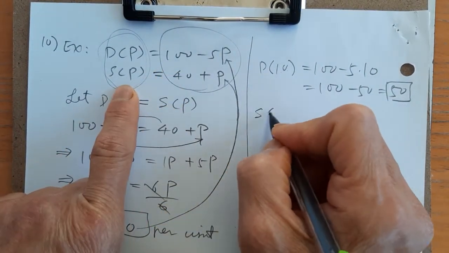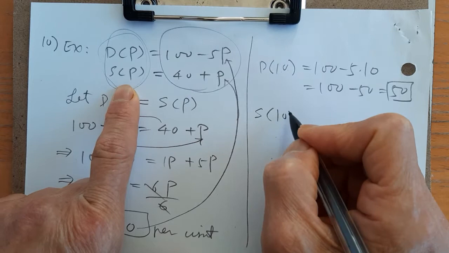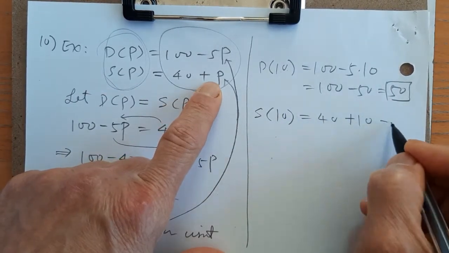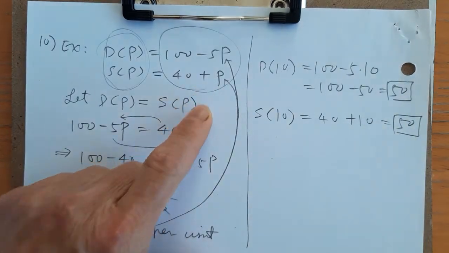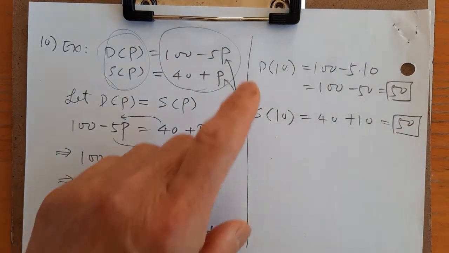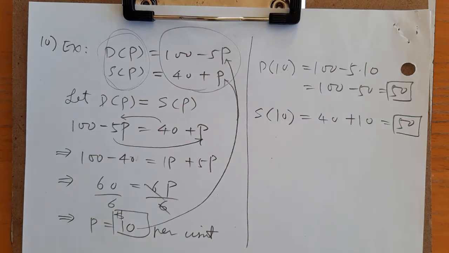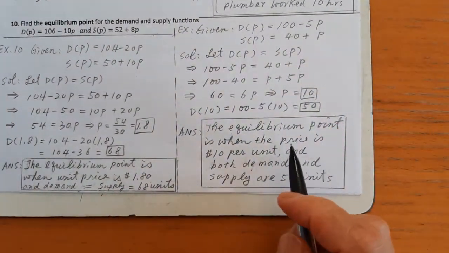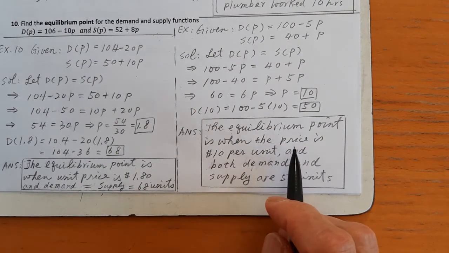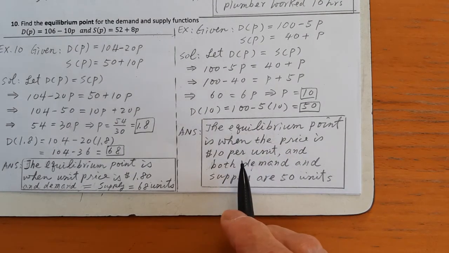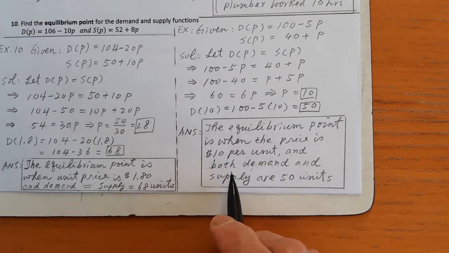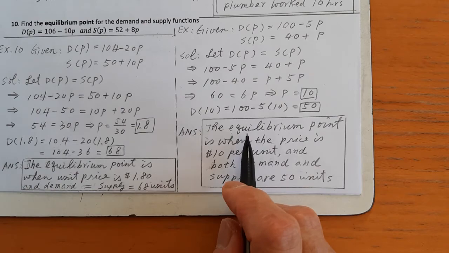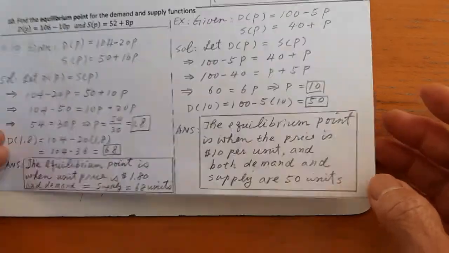Or you can plug into the supply function, S of 10 equals 40 plus 10, also equal to 50, because at the equilibrium point demand and supply are equal. So when the price is $10 per unit, demand and supply are both 50 units, and this is called the equilibrium point.